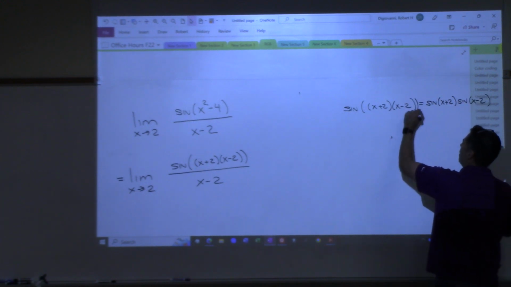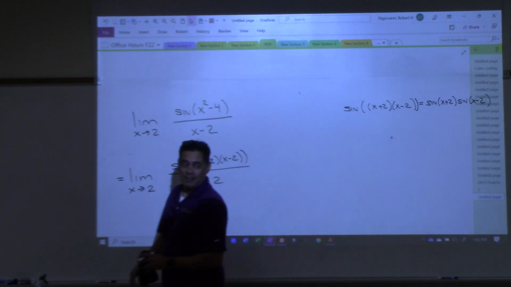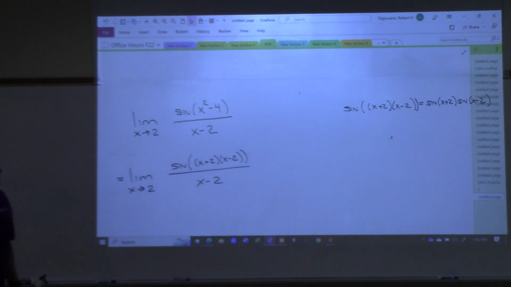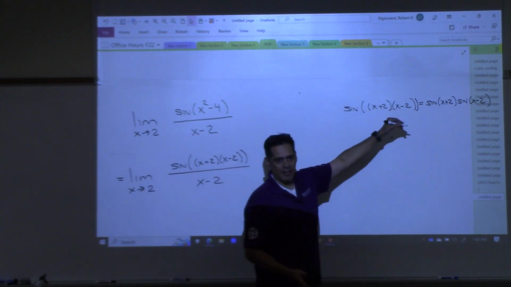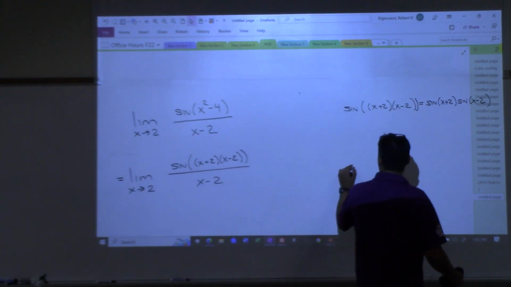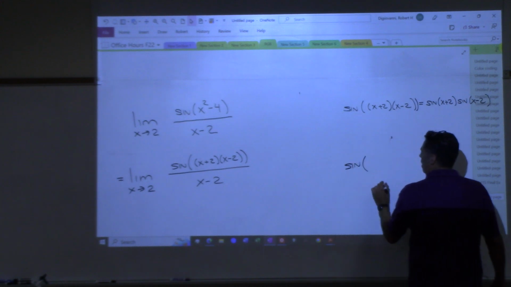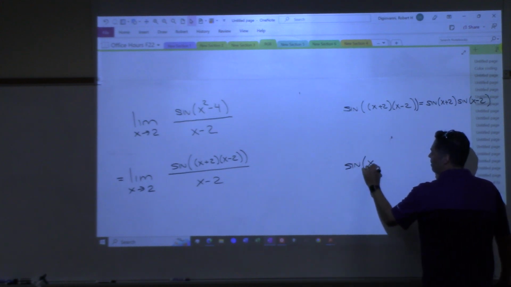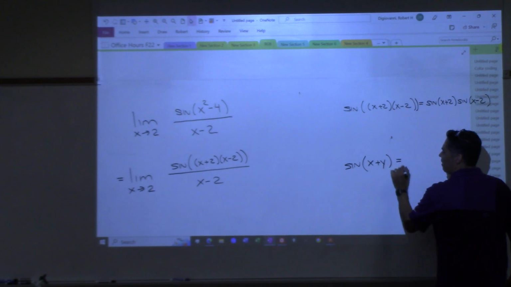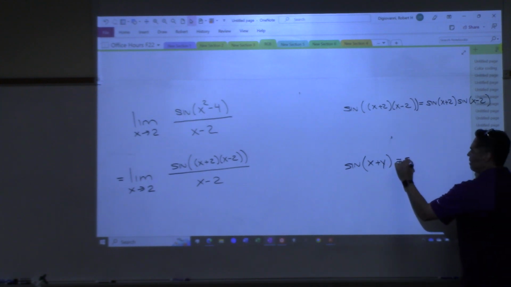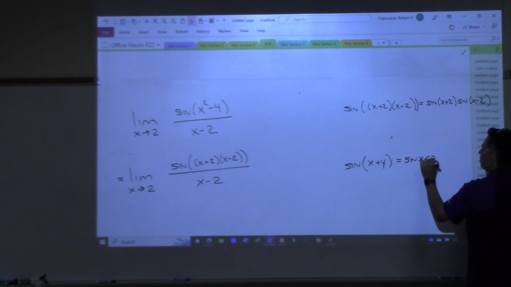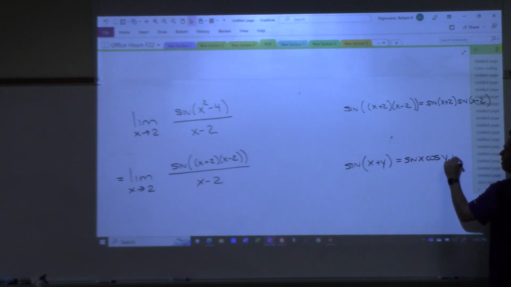Are you allowed to do that? Yeah, in pre-cal, there's nothing that allows us to split a sine up like that, because the sine is not something you can distribute through parentheses. The most we ever have in pre-cal is something like this: if we have a sum inside the sine, then there's a formula to break this down with sines and cosines, sine x cosine y plus, and so on.